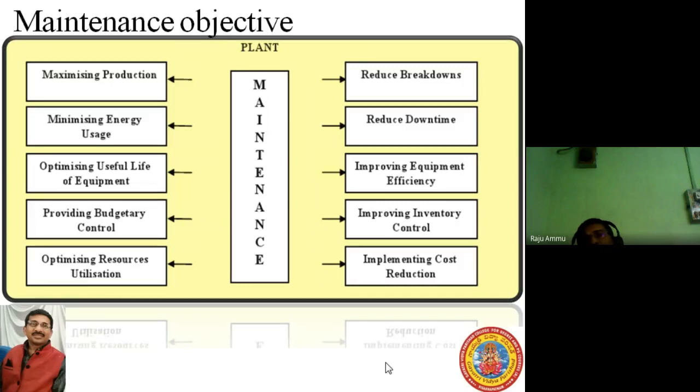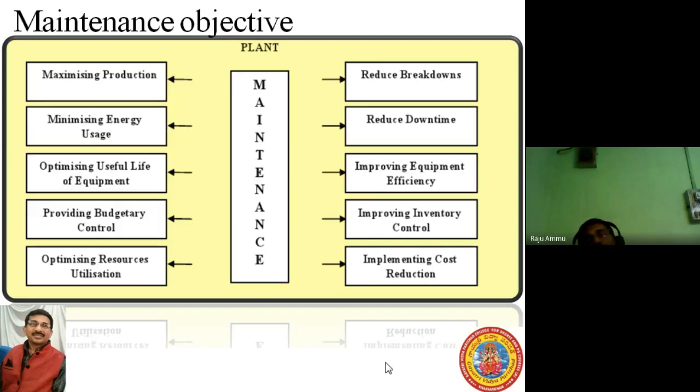Your equipment efficiency, that is, the equipments which are connected to the machines, also will have an improvement because you are maintaining it. Improving inventory control system, because your machine is performing as it is required to perform. You can properly plan your material requirement plan.